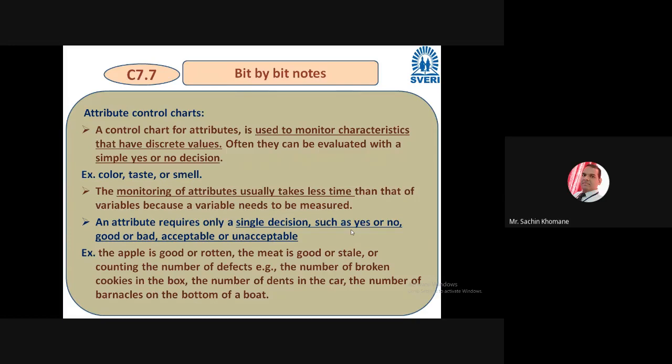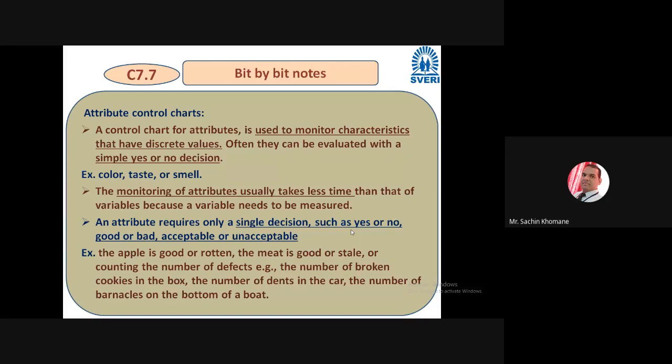So whenever such situations are there, like color, taste, and smell, you cannot have quantitative values. It is qualitative, right? So whenever such qualitative things, discrete values are there, at that time you have to use the attribute control chart.